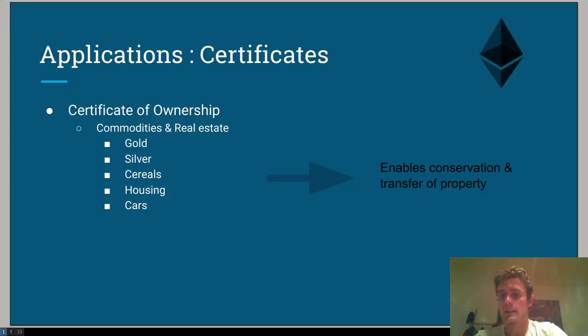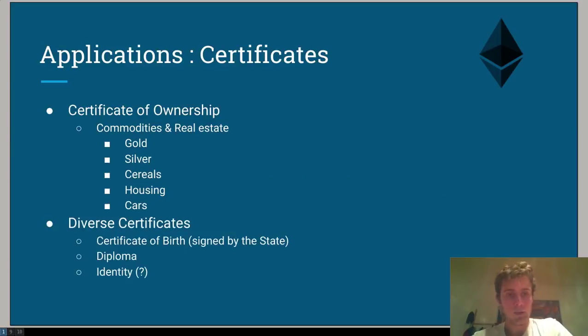Bob cannot say that, since he actually forfeited ownership of it. Everyone will be able to prove that he isn't the owner anymore, but that Alice is. So different kinds of certificates: birth, diploma, eventually identity. That's also quite difficult, but that's something that could be done.